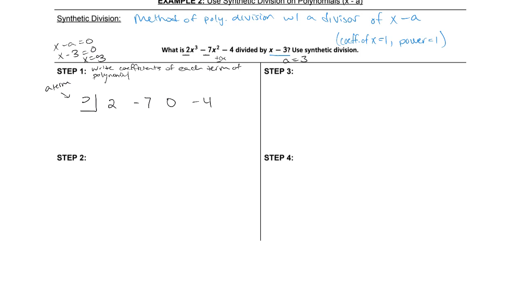So whatever you see, if it's x minus 3, you're going to put a positive 3 there, because technically your A is equal to 3. If it was x plus 3, it'd be a negative 3 in that backwards zone. And then we're going to make a line down here. And then we're also going to make a dash right before the last term. The reason is because this will be our remainder.